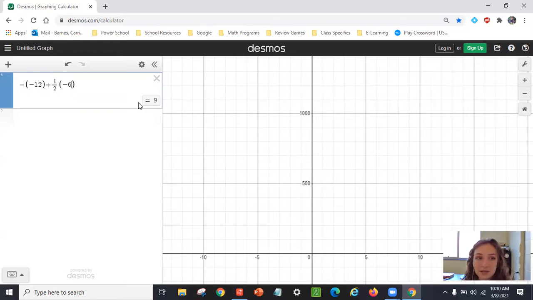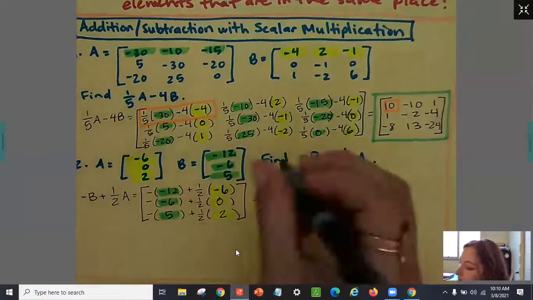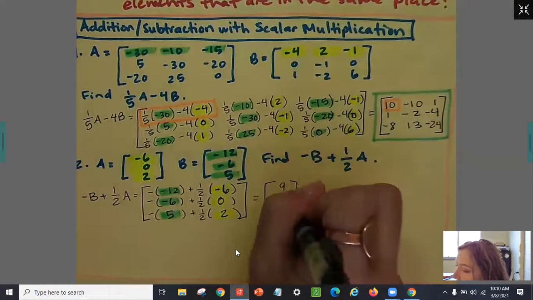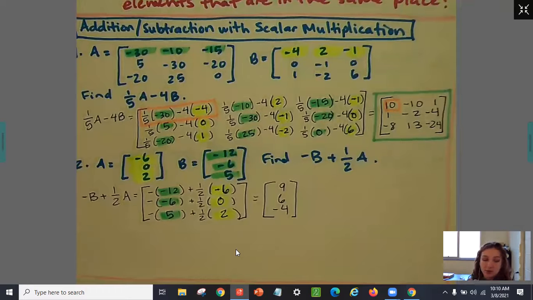The next one is negative 6 and 0. Okay, so that's going to be 6. Then we have 5 and 2, and this is our last one. So that's going to be negative 4. And this is our resulting matrices.